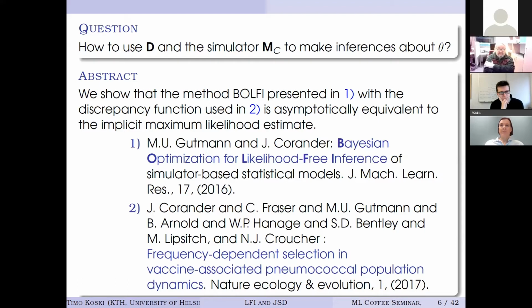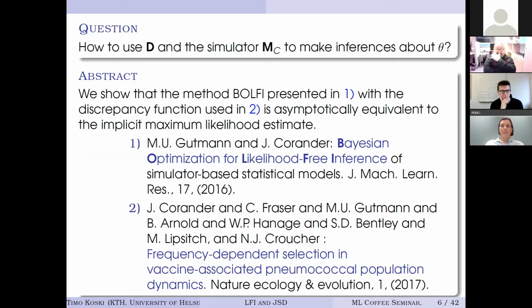And the abstract of my talk is the following: we show that there's a method called BOLFI. I don't know how to pronounce it, but you see how it is generated from the first letters of Bayesian optimization for likelihood-free inference. This is a method that does the learning and inference.